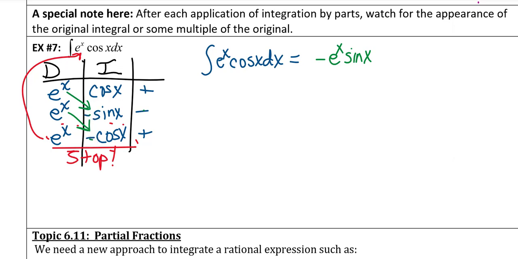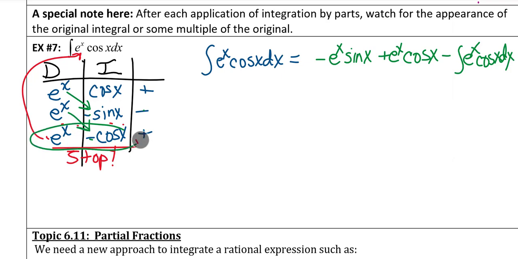So we also have plus e to the x cosine x, and then we're going to have to take the derivative again. So we're going to end up with minus the integral of e to the x cosine x dx, because we're going to have to do this again. So we haven't finished the integration.